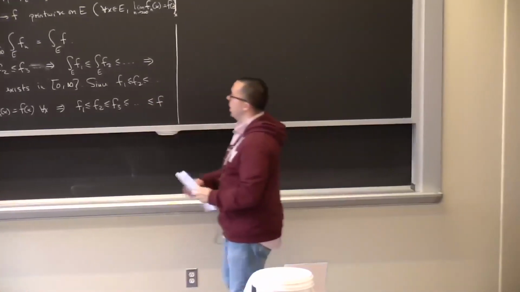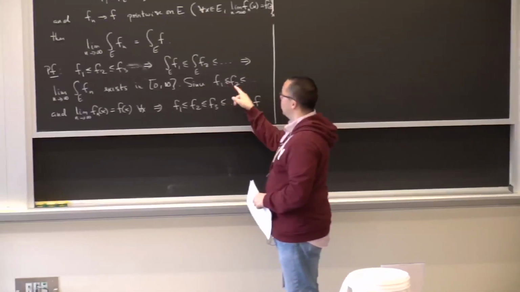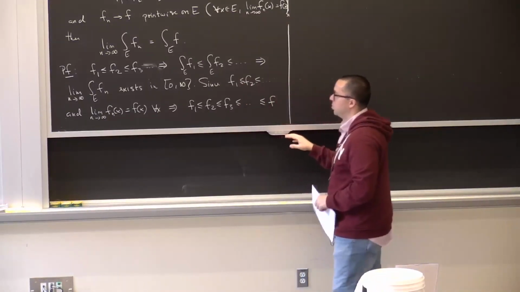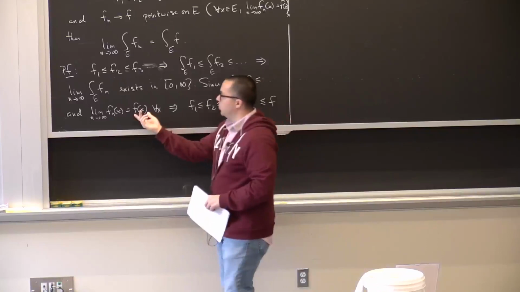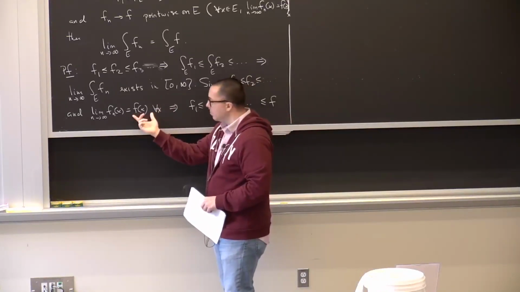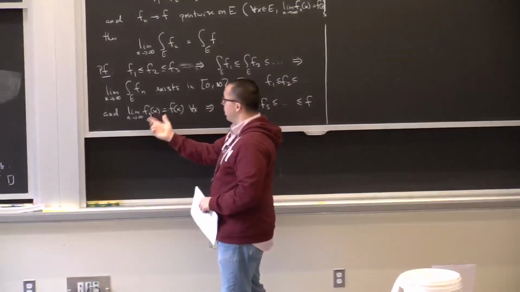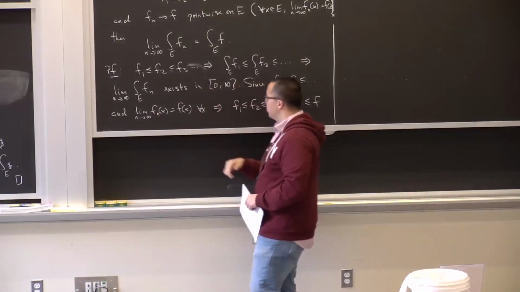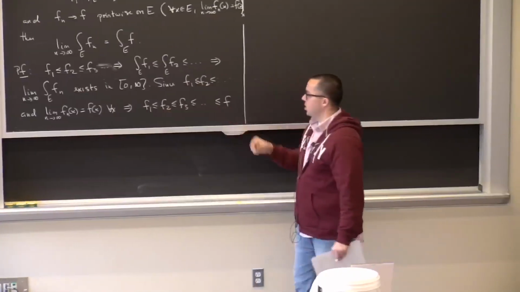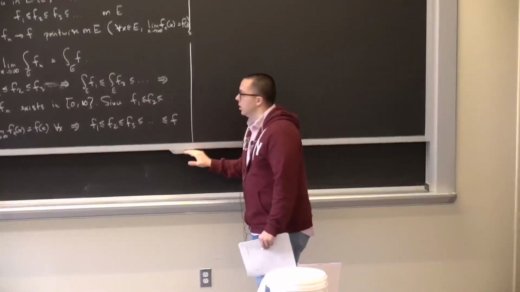Okay? So for each x, this is f1 of x, f2 of x, f3 of x, and so on. This is an increasing sequence of real numbers converging to f of x, which is either a finite number or infinity. So these numbers are increasing to this limit, and therefore they must always sit below the limit. Okay?